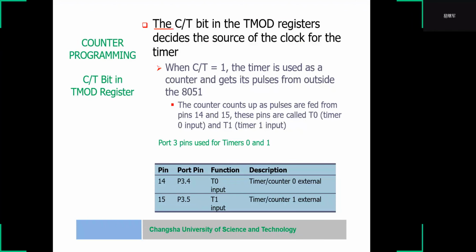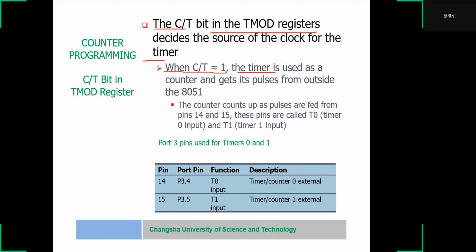The C/T bit in the T mode register decides the source of the clock for the timer. When C/T is equal to 1, the timer is used as a counter and gets the pulse from outside the 8051.